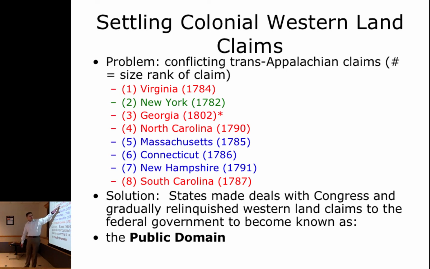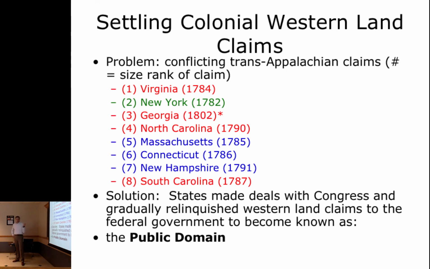But you may have heard of something called the Georgia Compact of 1802, and that's why we have a star there. The Georgia Compact of 1802 was a deal made between the state of Georgia and the federal government, because in the northern part of Georgia proper, not necessarily only in its western lands, but even within its boundaries, the Cherokee Nation lived in the northwestern part of what was then Georgia.